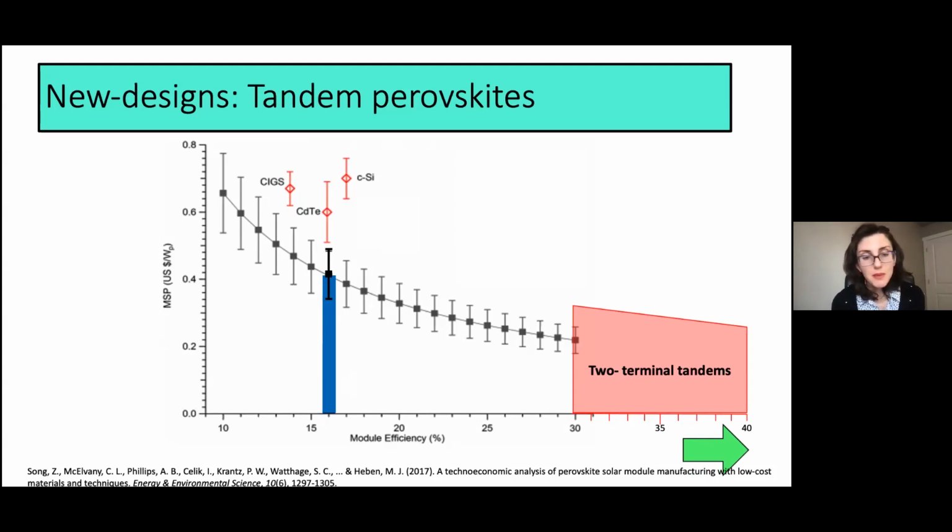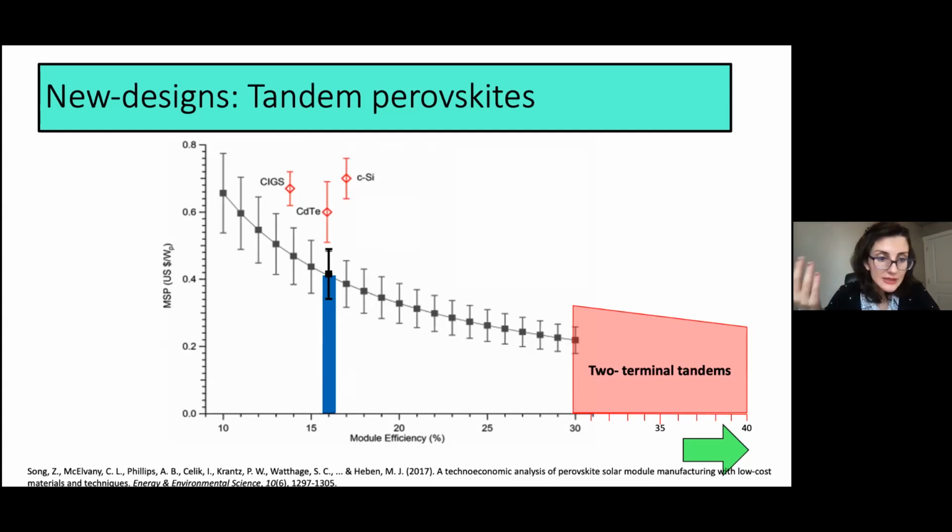But there is that possibility when you have a stack of two PV panels, which we call two terminal tandems. Then your efficiency limit increases from 33% to 42%, around that range. That increase means a lower cost basically.